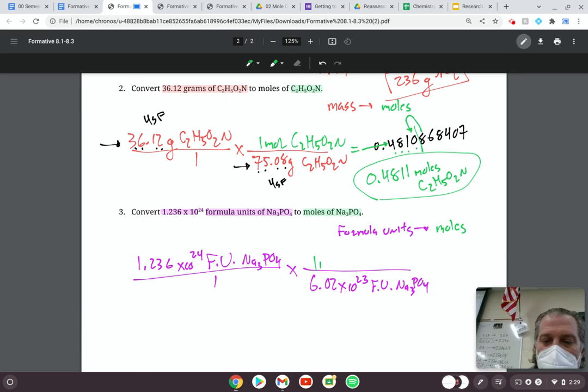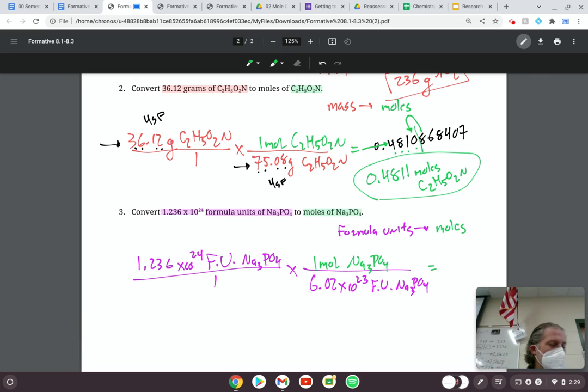And I'm going to put my 1 mole of Na3PO4 on the top. I'm going to plug this into my calculator. 1.236 times 10 to the 24th, divided by 6.02 times 10 to the 23rd.